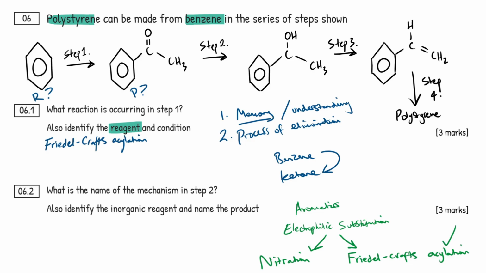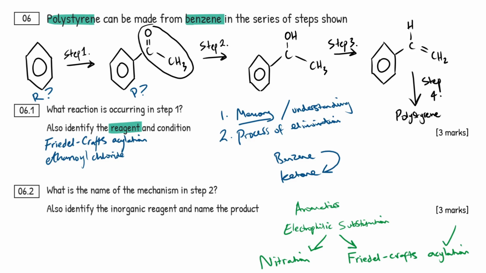If we look at our product, using process of elimination, the ketone chain here has 2 carbons in it, so the reagent has to have 2 carbons. Thinking of our naming system, 2 carbons is ethan, and the remainder of the name for an acyl chloride is oyl chloride. So it's going to be ethanoyl chloride. Okay, so we've got our reagent here.